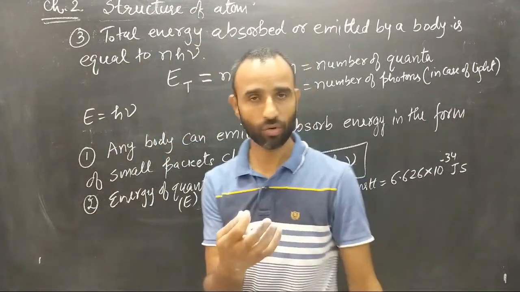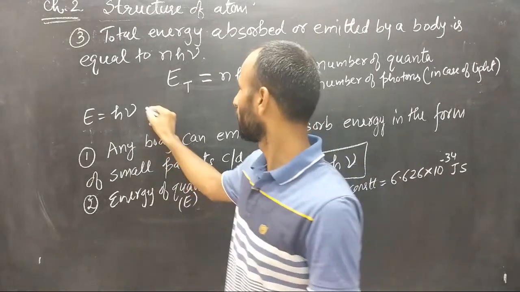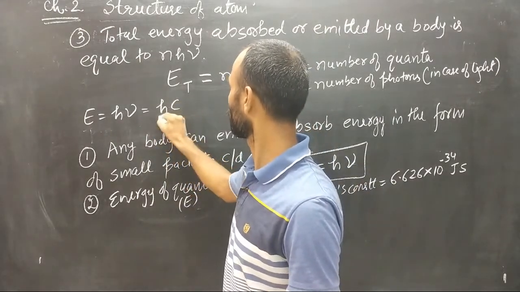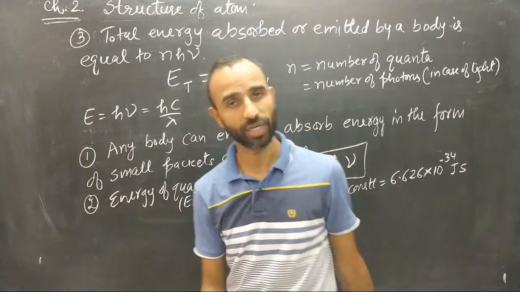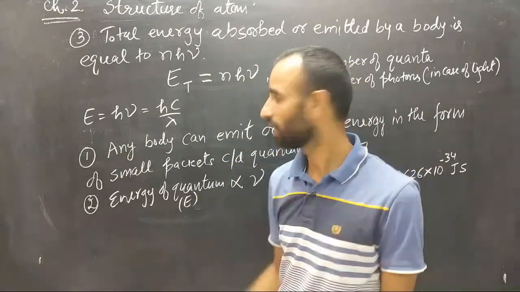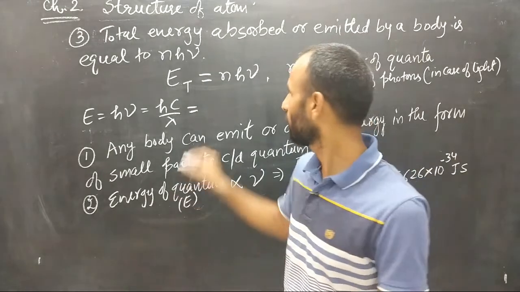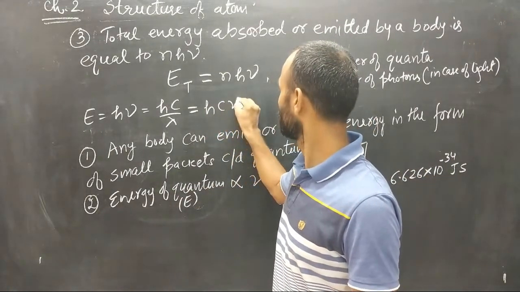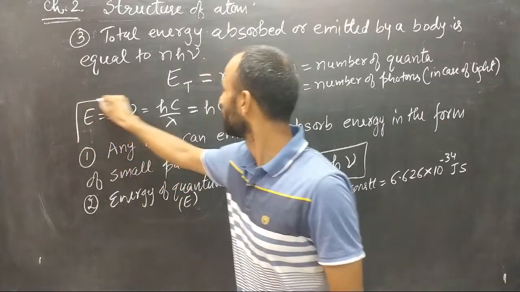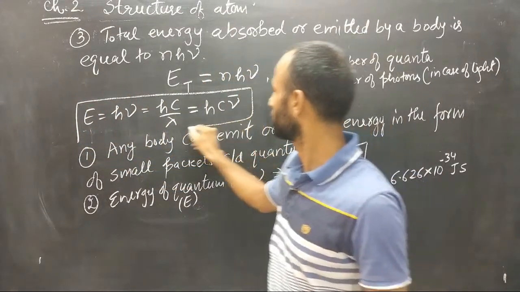Okay. Now say, E equal to h nu is the energy of one quantum, one photon. So nu is c over lambda. It can be written as E equal to h c over lambda, and 1 upon lambda is the wave number, nu bar, so h c nu bar. So these are the relations.